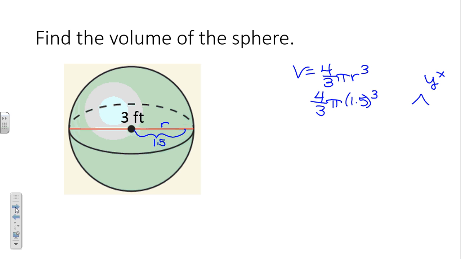And if you prefer to use the ABC button, which makes improper fractions, you can go 4 A B C 3 times 1.5 to the 3rd power. Or you can take 4 divided by 3 times 1.5 caret 3.